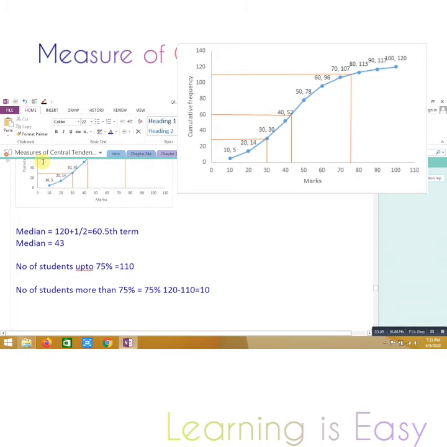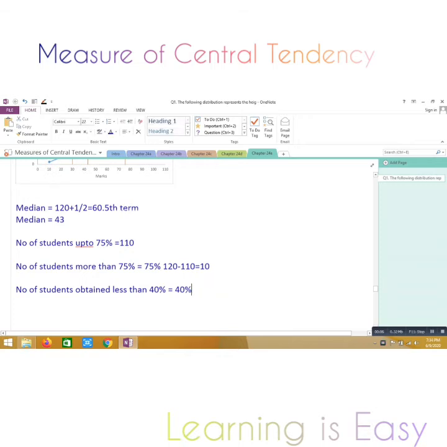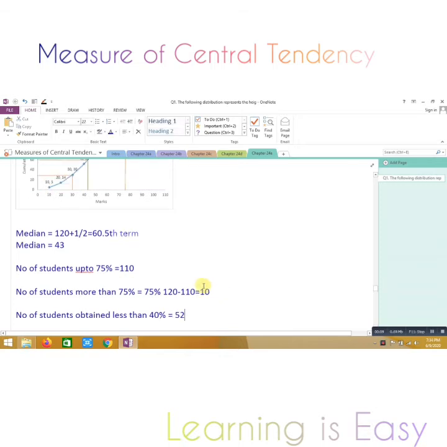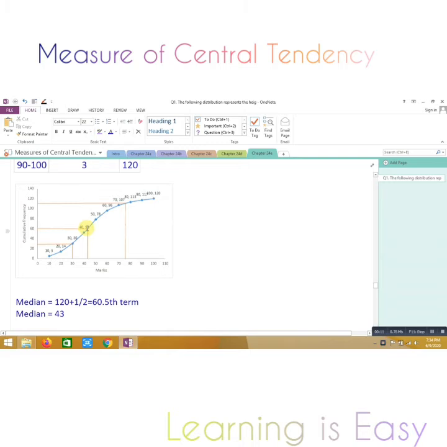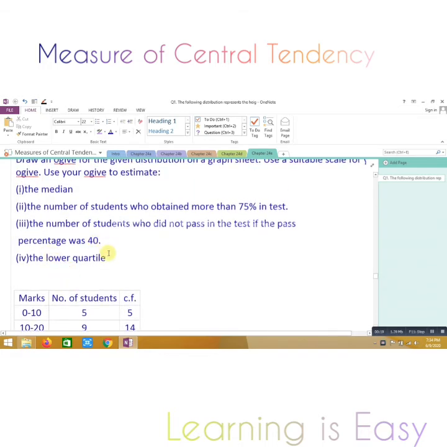Next, we need to find students who failed. So that's less than 40%. So for 40% we have the direct point value on the graph itself. That's 52. It's a direct value. Next we need to find the lower quartile.